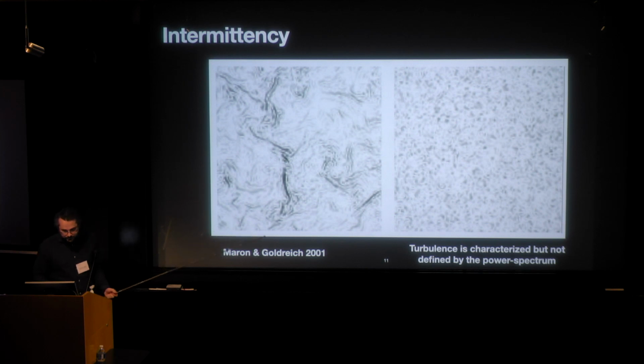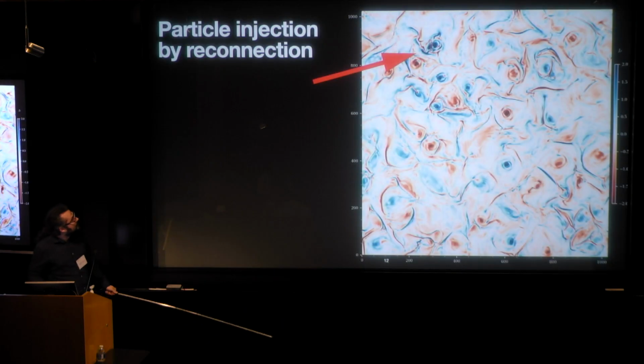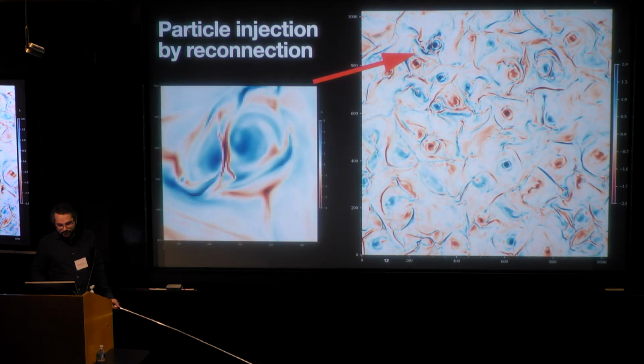And this phenomenon is called intermittency. So if you hear this word, you can imagine this picture. It's very illustrative. So far, I haven't said anything about particles, almost. So what happens to individual particles? If we trace them, again, this is a very familiar thing.